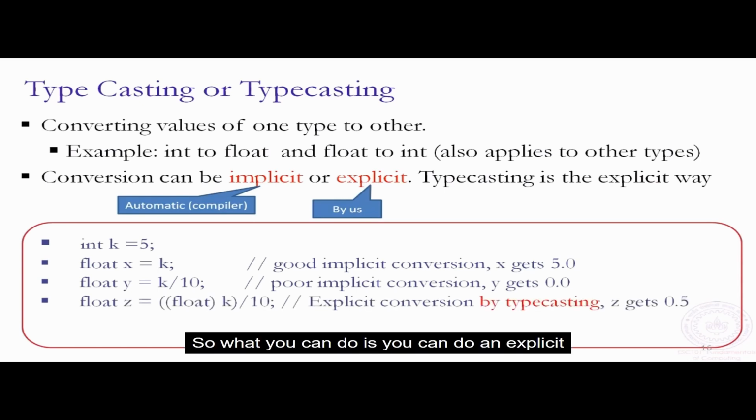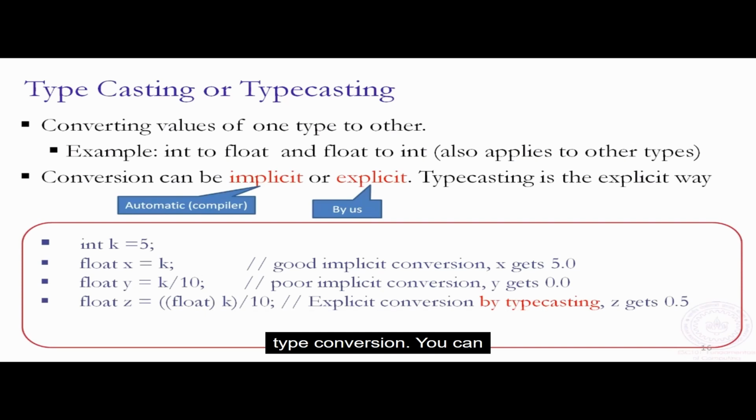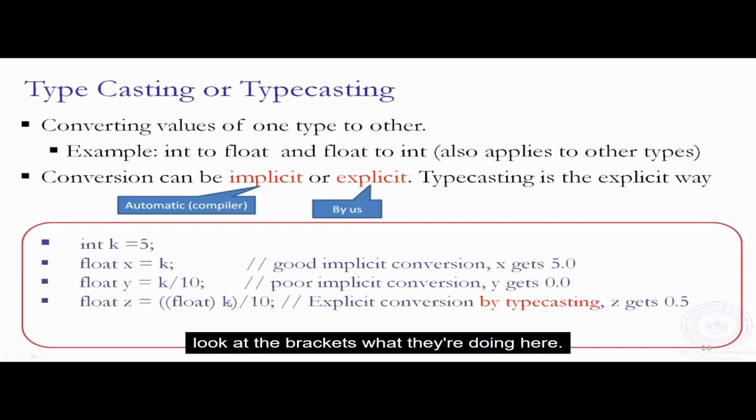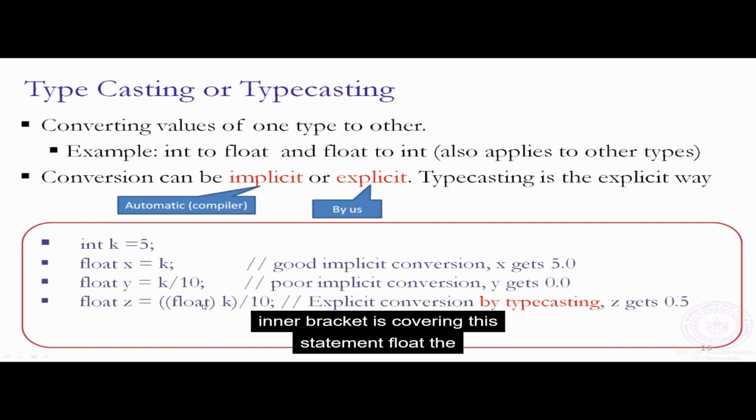So what you can do is an explicit type conversion. You can say, I want the float version of k to be divided by 10 on the RHS. Now look at the brackets, what they're doing here. This inner bracket is covering this statement float.